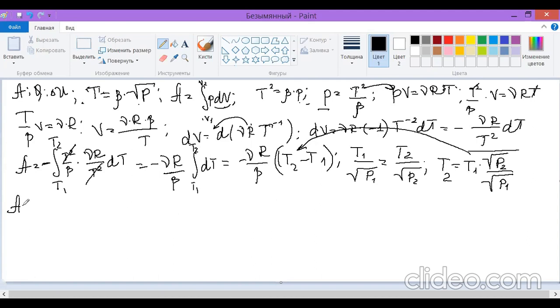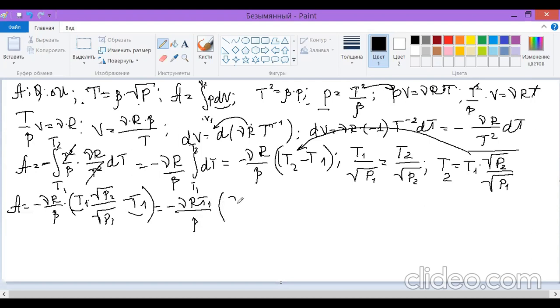And we can write that A is equal to minus mu times R over beta, T1. Okay, you understand what I'm writing down. I've got T sub 1 here and T sub 2 here, and that allows me to write the following. Yeah, okay. So this is the formula which we have to write for the work.